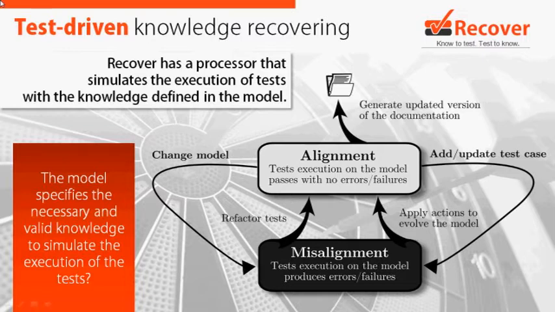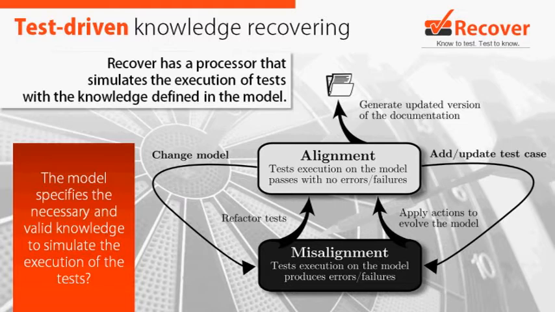We can change the model, and then we can use the Recover engine to check if some test case ceases to pass according to the change that we are simulating on the model. So at this point, we can detect which test cases need to be refactored, need to be updated, because if we execute them on the system, they will fail.